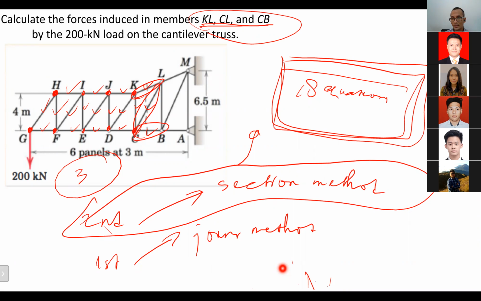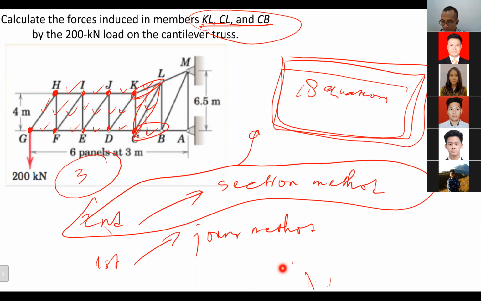Total 9 joints and in total 18 equations, just in order to find the load at 3 members. And previously you complained to me that the calculation is long, right, Rizky? In the previous homework number 5, you complained that the calculation is long.